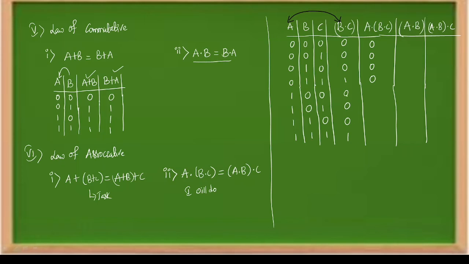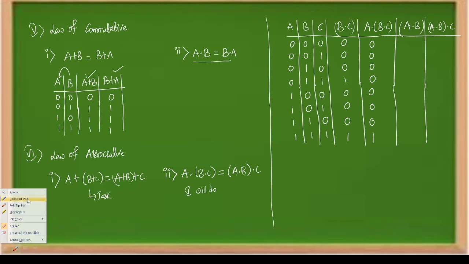In the B and C values, the first three are zero, so the output is again zero. And for the last one, A is 1 and B and C is also 1, so you will get a logic high output. In this way, you can obtain A and B and C values easily by knowing the property of the logic AND operation.